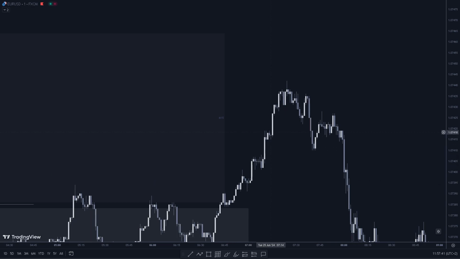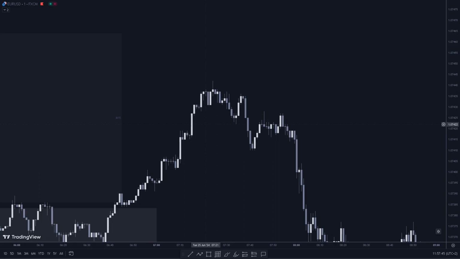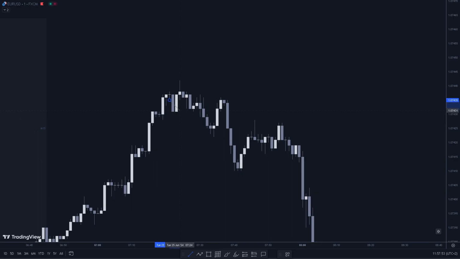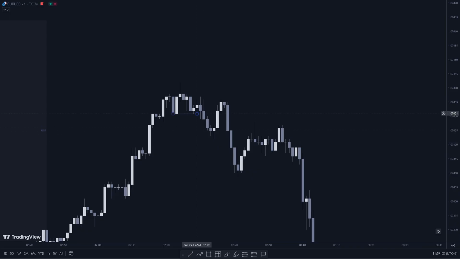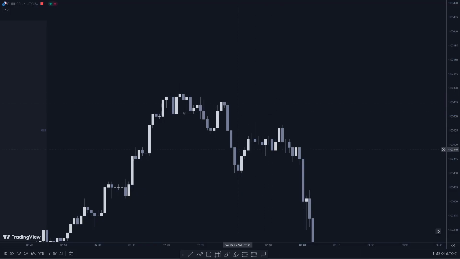We have this push to the upside, and now we are just waiting for the last low to be broken, and we can enter all the way to the downside. As you can see right here, we have that break of structure right here. It's an M1 break of structure, okay.